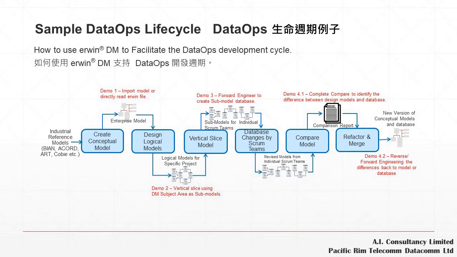Lastly, I will compare the model with the system environment to identify the differences made by individual Scrum teams in iterative development cycles and reverse engineer them back to the design model, that is demo 4.